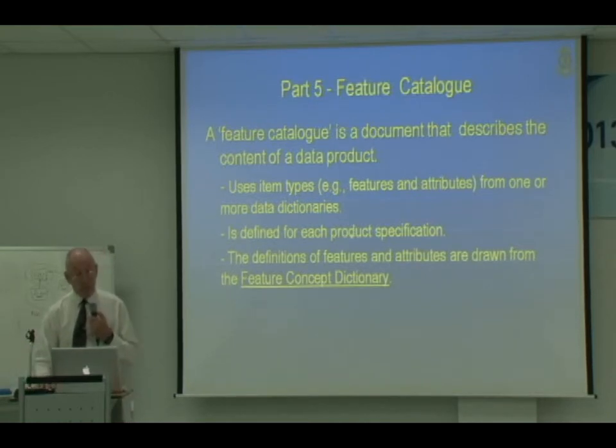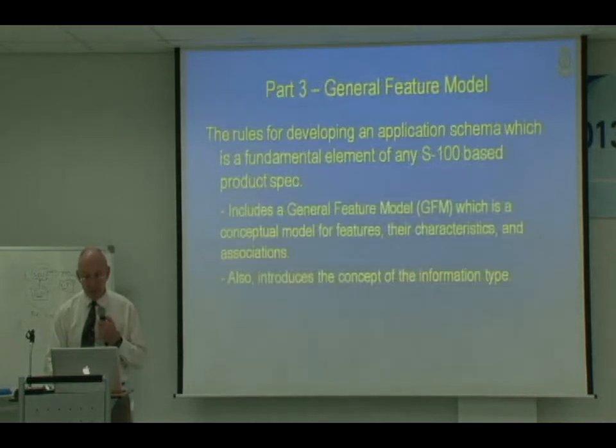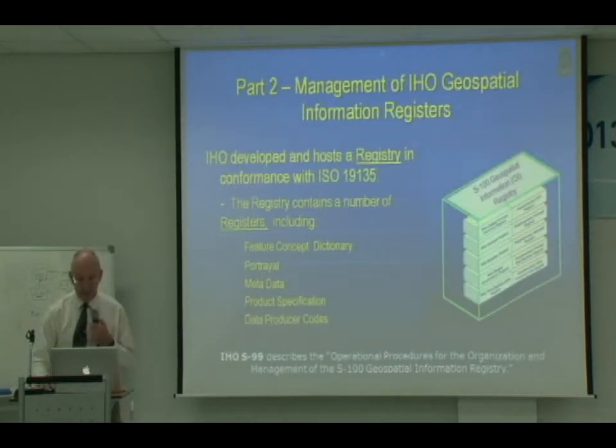So for each product specification, then, this will be specifically defined, and they're all drawn from this feature concept dictionary, which is contained or located where? Part of the registry and as a separate register. Okay? So let's go back real quick. Main feature concept dictionary register. That's where it's located.